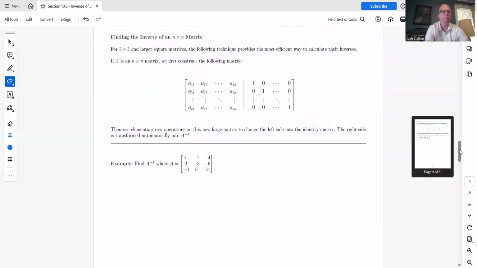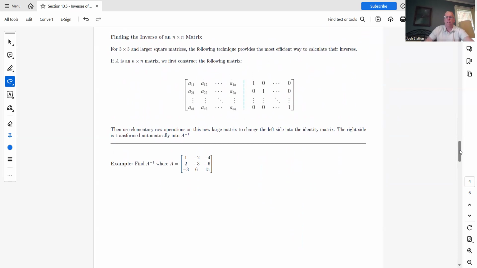All right, so now finding the inverse of a larger matrix is a little bit more involved. There's not a neat little formula to use. And so what you do is, if we have this matrix here, this is our A right there, an n by n matrix, we're going to join the same size identity matrix, the n by n identity matrix, here.